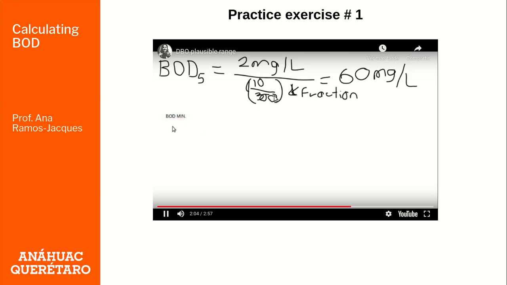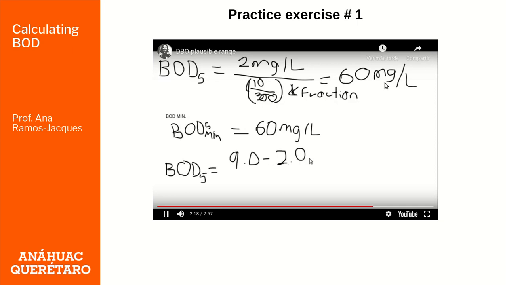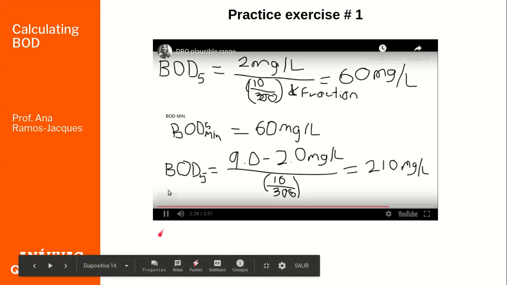You can see this fraction doesn't have any unit because it's milliliters divided by milliliters. So the BOD remains in milligrams per liter, and we obtain a minimal BOD of 60 milligrams per liter.